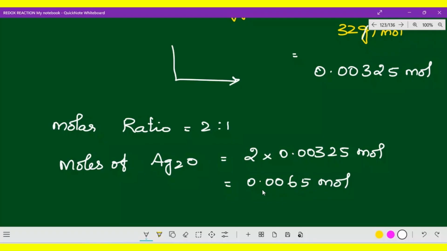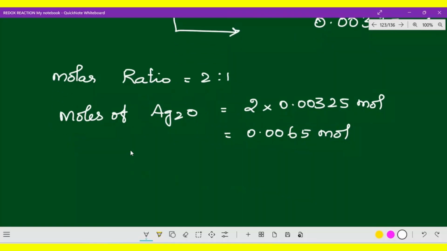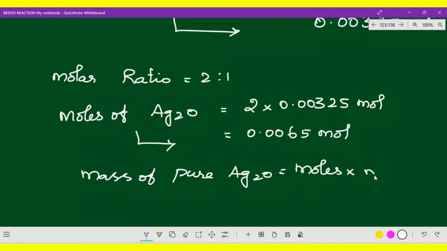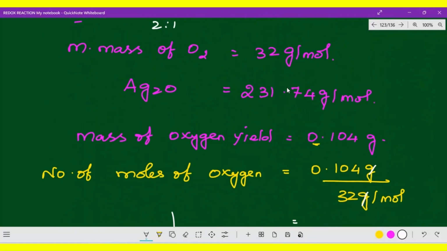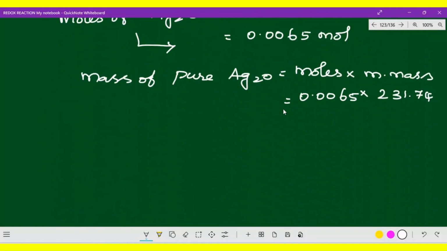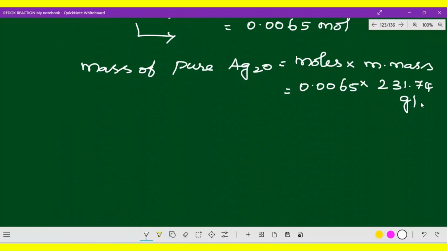Okay. Now, next one, mass of pure Ag2O. This is moles of Ag2O, mass of pure Ag2O, so moles into molar mass. Moles are 0.0065 into molar mass 231.74, which I just mentioned is gram per mole.